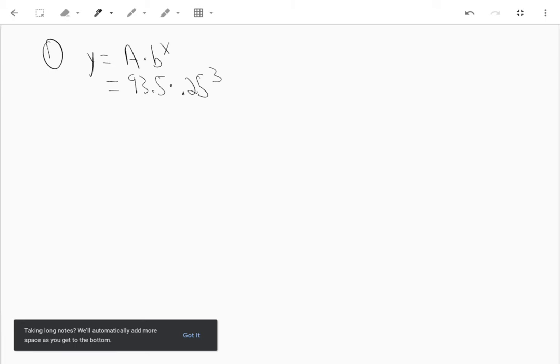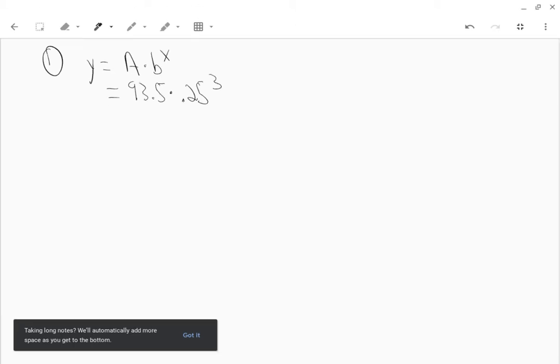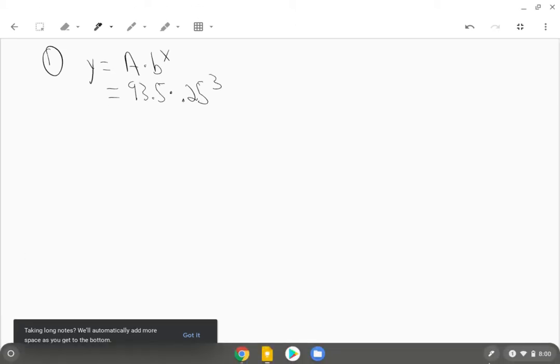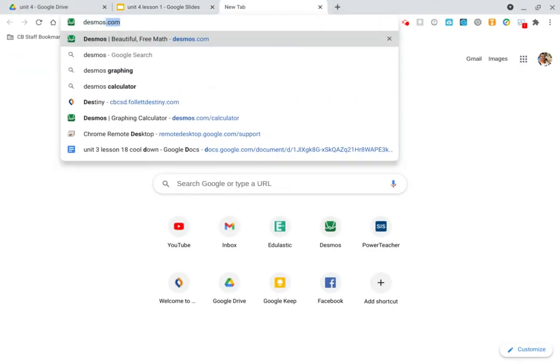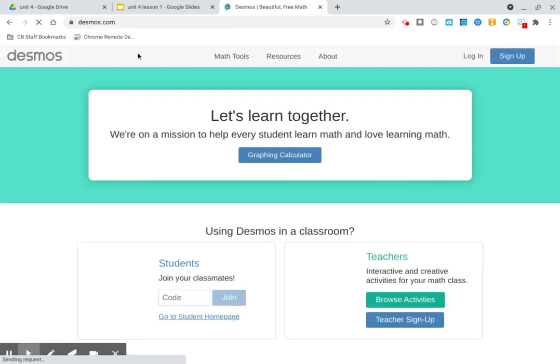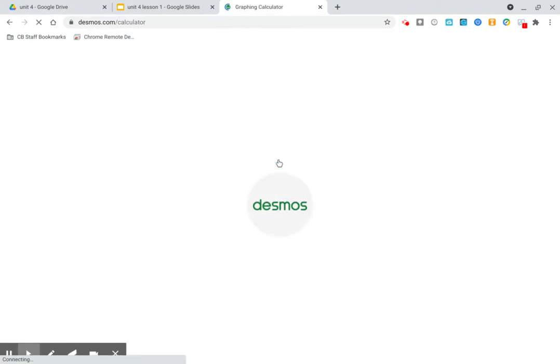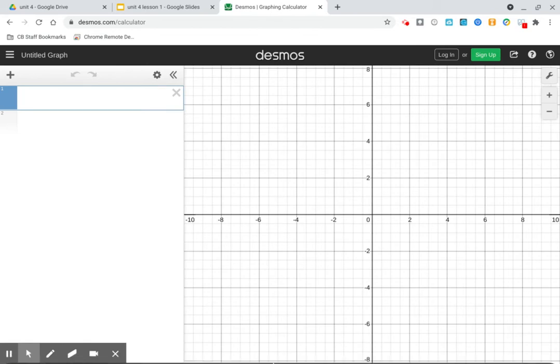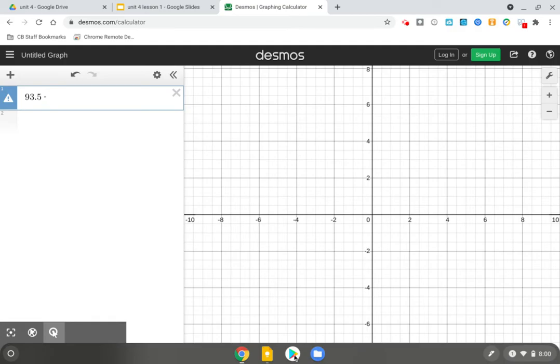So to find the area after 3 rounds of folding, we need to calculate that. 93.5 times 0.25 to the power of 3. So let's go to Desmos again. So again, we want to do 93.5 times 0.25 to the power of 3.